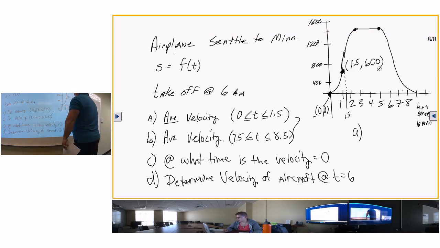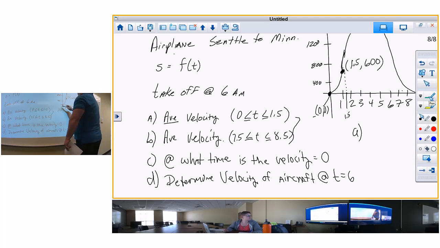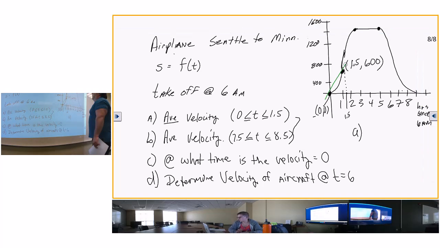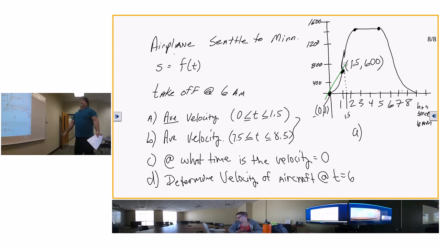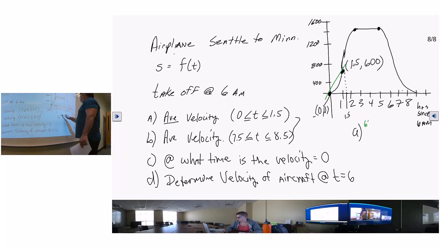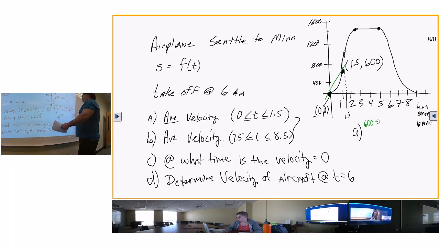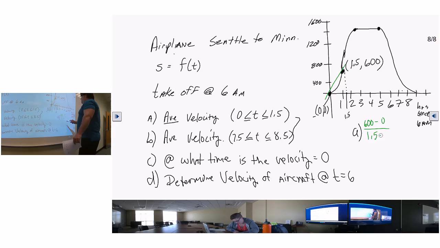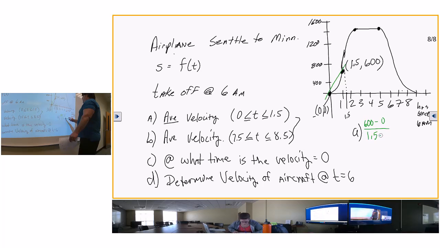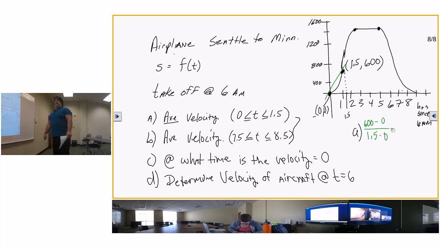Now, how do you find the slope? I'm going to draw the slope in whatever color I got right here. There, I want to find that slope. So what do you do? 600 minus what? Minus 0 over 1.5 minus what? 0, and somebody takes 600 and divides it by 1.5.